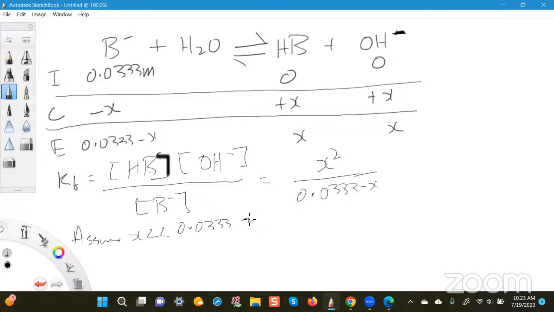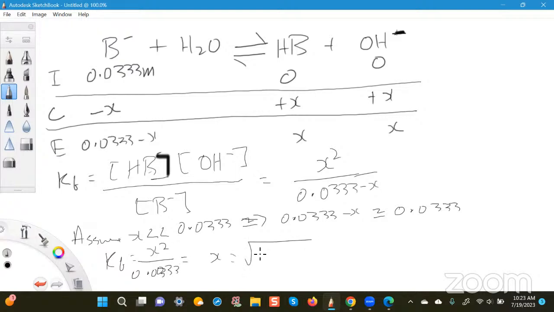That implies that 0.0333 minus x is approximately equal to 0.0333. So therefore, KB is equal to x squared over 0.0333. So x will be equal to the square root of KB times 0.0333.